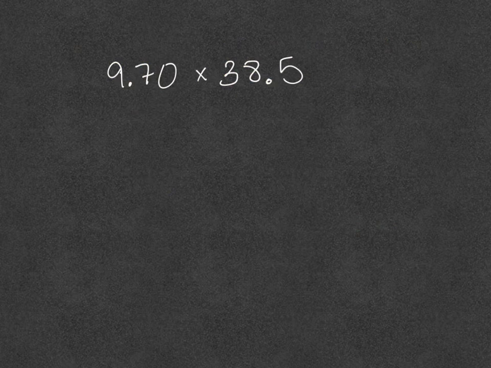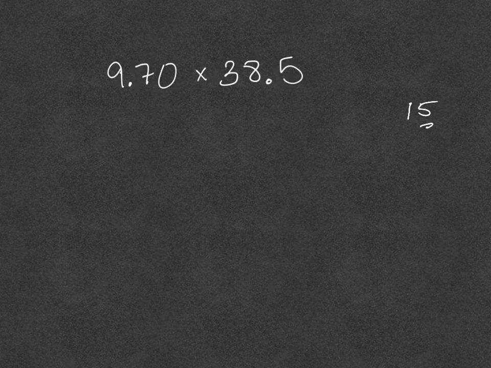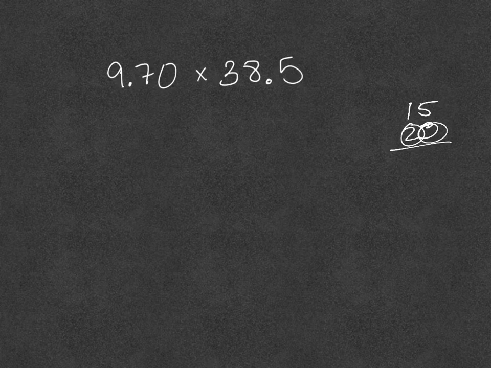All right, so let's look at our first example. This is 9.70 times 38.5. And this is why I mentioned commutative. Usually when we multiply multiple digit numbers, let's say 15 times 20, for every digit on that bottom number I'm going to have a row. I multiply the 0 through for the first row, and then the 2 through for the second row.